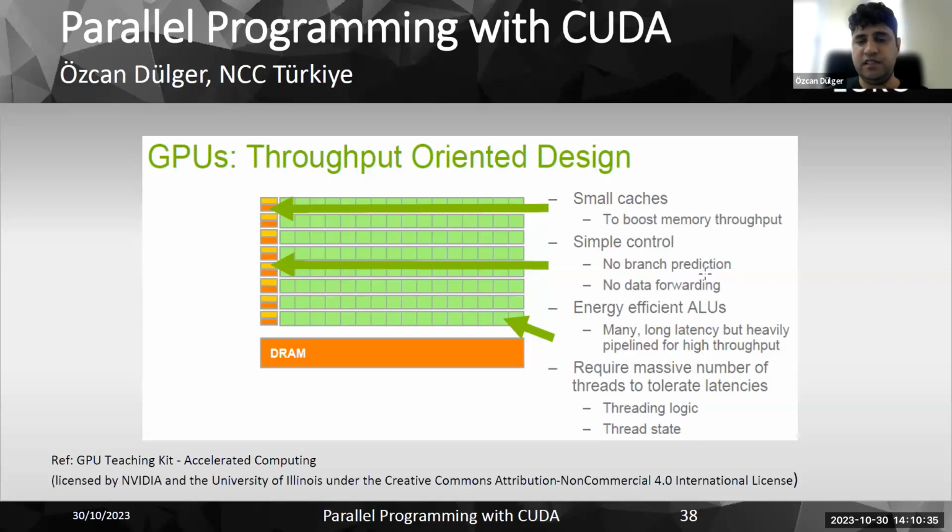So there is no branch prediction, no data forwarding, and there are energy-efficient arithmetic logic units. And of course, we require a massive number of threads to tolerate the latencies. So in order to benefit from the GPUs, we must create many threads in our program.